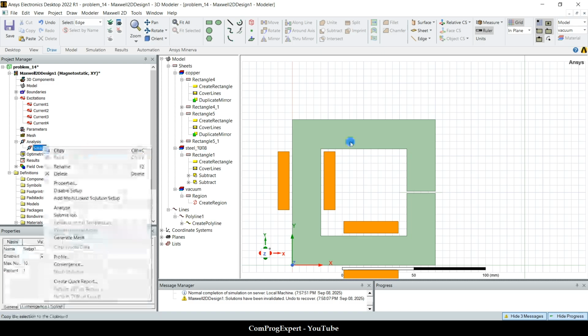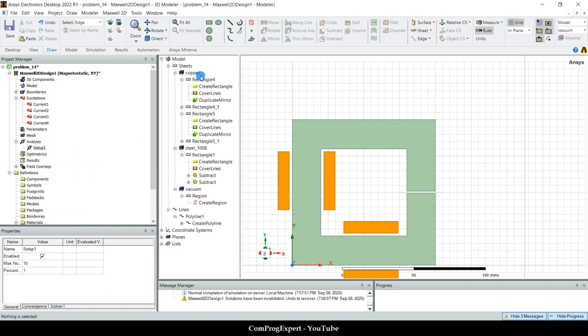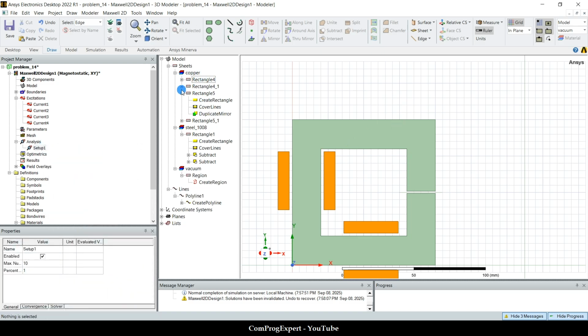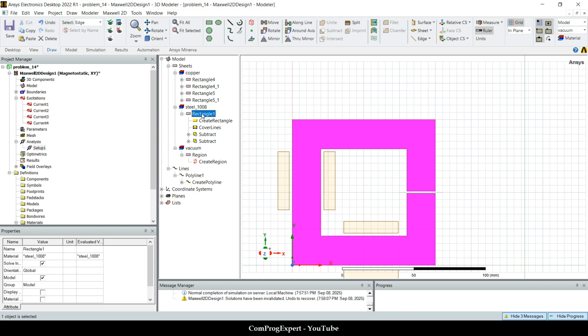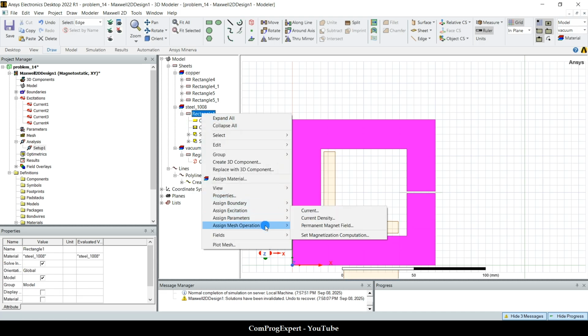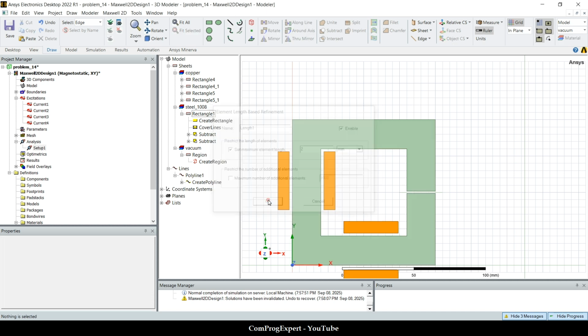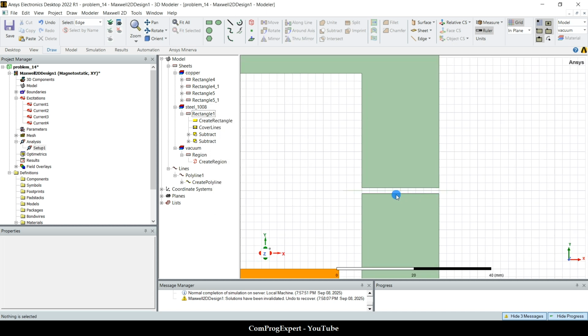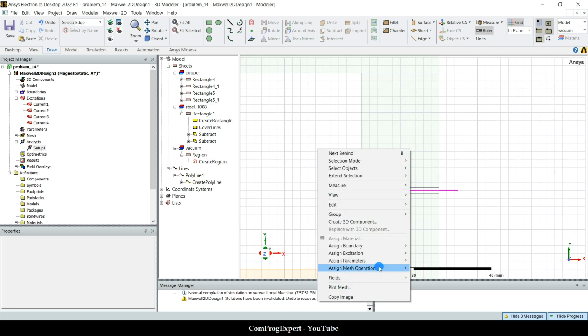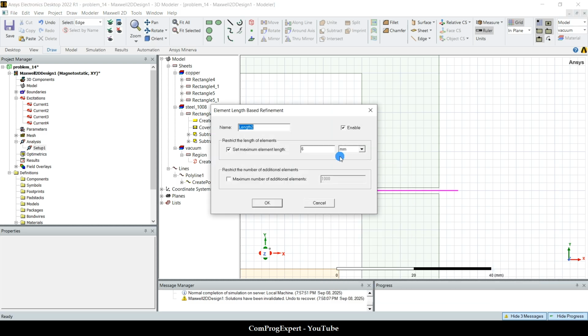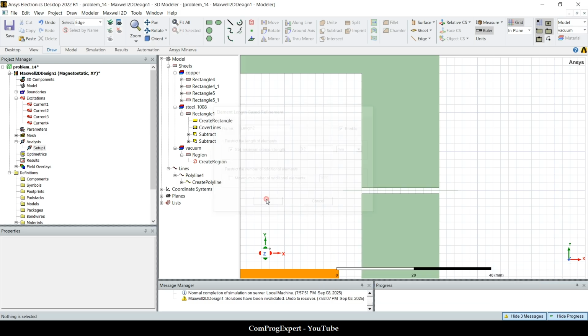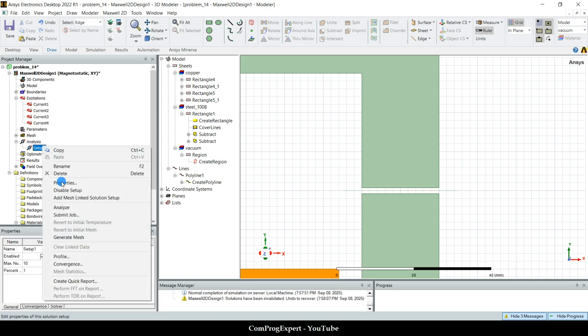So let's consider a fine mesh size for the iron. The mesh size inside selection equal to 2 millimeter, and also select this edge object, assign mesh on this selection equal to 0.2 millimeter, and run the simulation again.